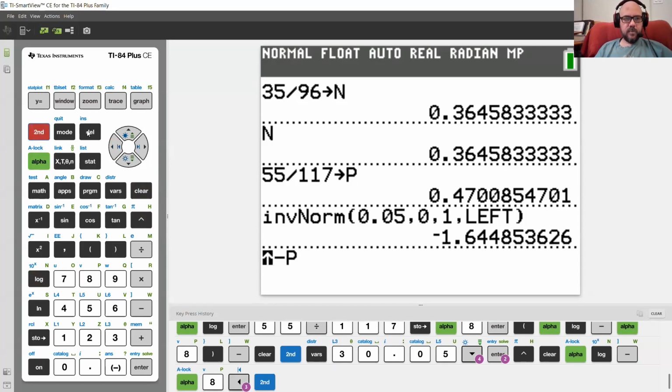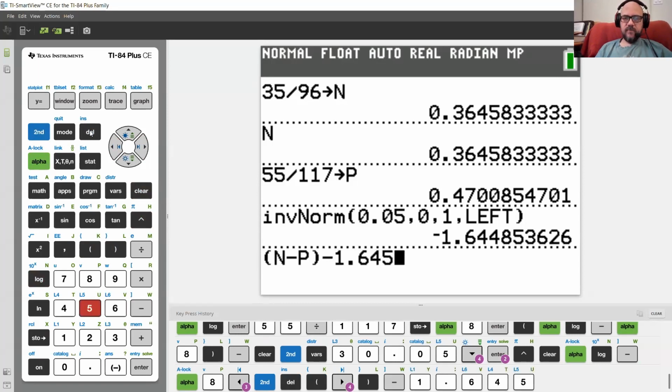I don't think it's necessary, but just to be safe, we do that minus 1.645 times the square root of a whole bunch of stuff.